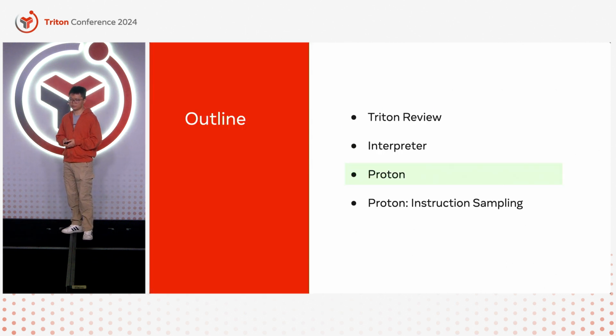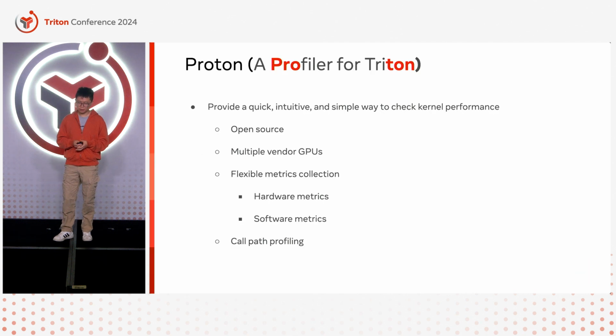Okay, so this ends the introduction to the interpreter. Next, we are going to talk about the profiler, Proton. Proton just stands for a profiler for Triton. It's designed to provide a quick, intuitive, and simple way to check kernel performance. It's fully open source.